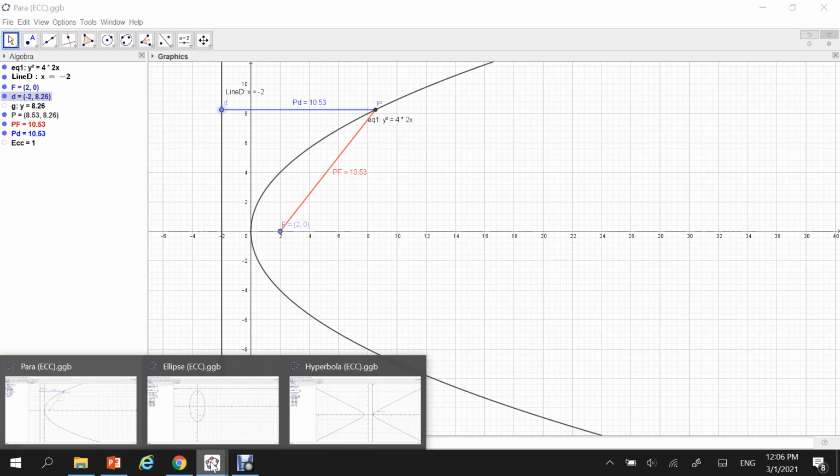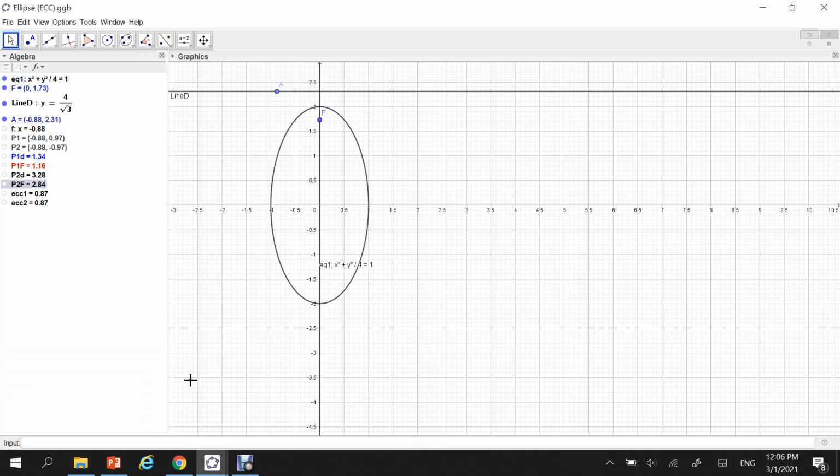How about the ellipse? Let's do the same thing. Let me identify the line called D and a point called F, and let me pick a point that is on my ellipse. Let's call it P1, and let me construct the two line segments.